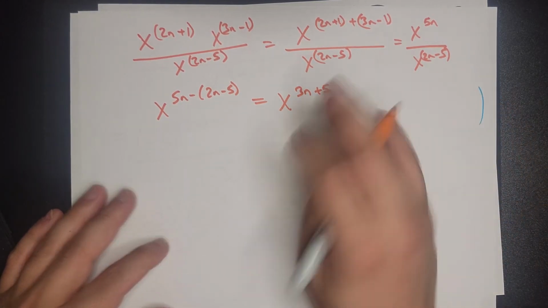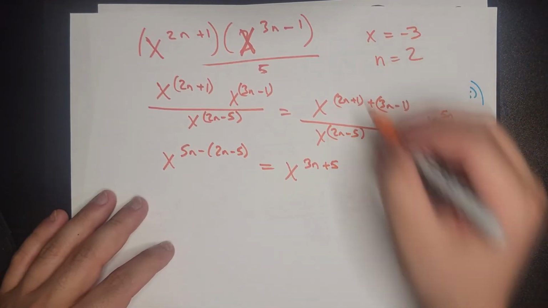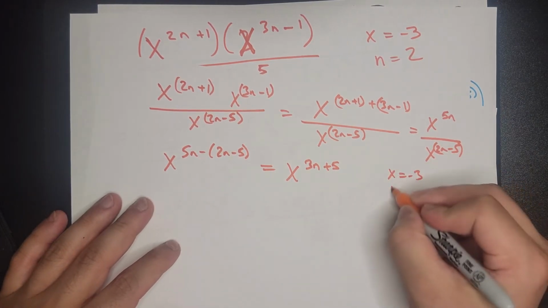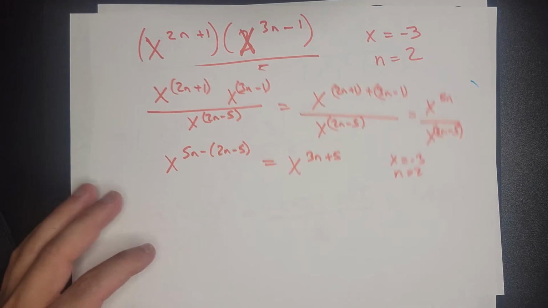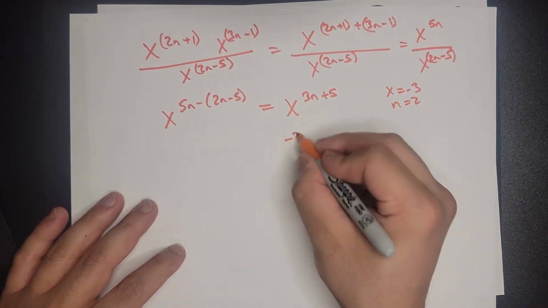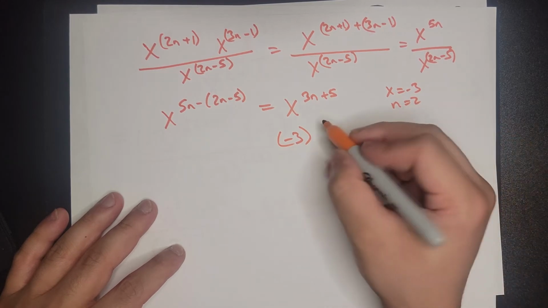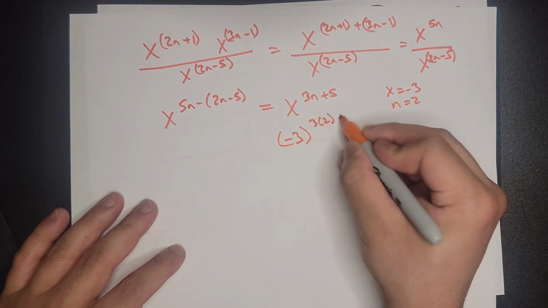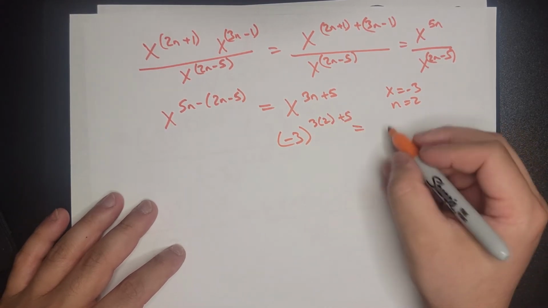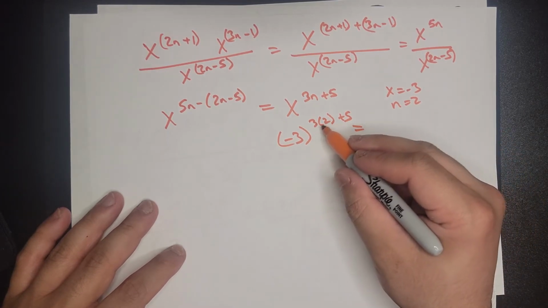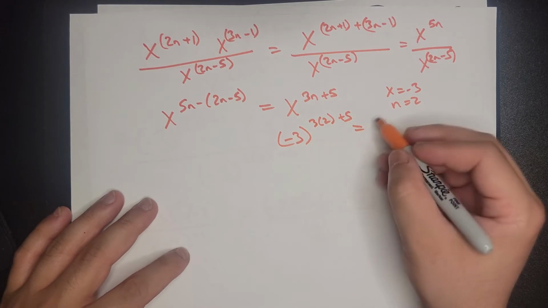So now I can plug in these numbers. x equals negative 3, n equals 2. Negative 3 to the power of 3 times 2 plus 5, which is equal to 3 times 2 is 6 plus 5 is 11.